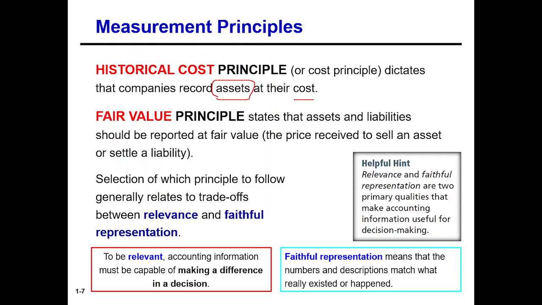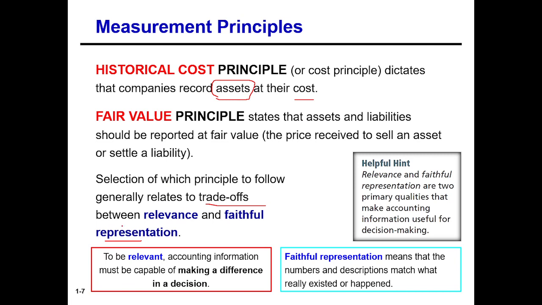But any asset can also have another value, the fair value. We have another principle that states that assets and liabilities should be reported at fair value, the price received to sell an asset or settle a liability. But how to select cost versus fair value? The selection of which principle to follow is a trade-off between relevance and faithful representation.